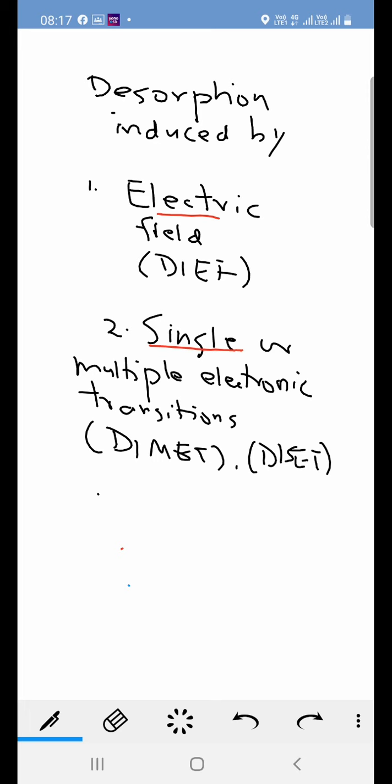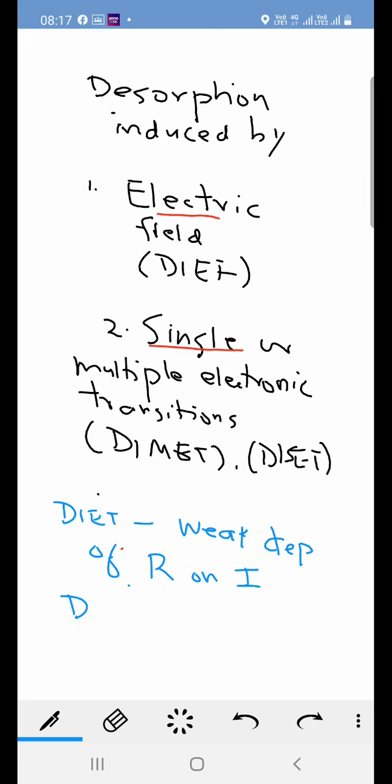So for DIET, there is weak dependence of R on the current, whereas for DIMET, multiple electronic transitions, R is proportional to I to the power n, where n is much greater than 1.